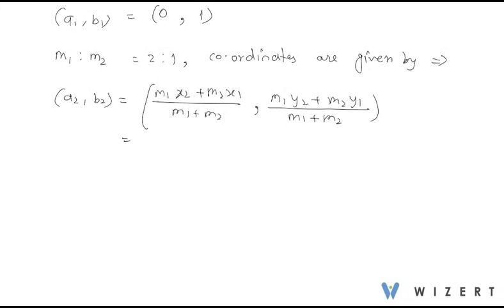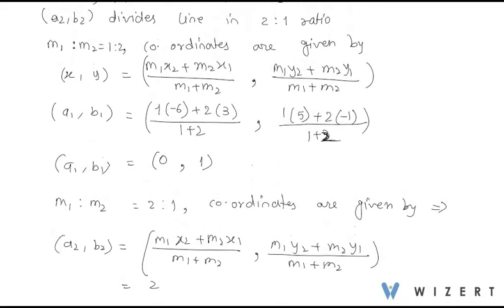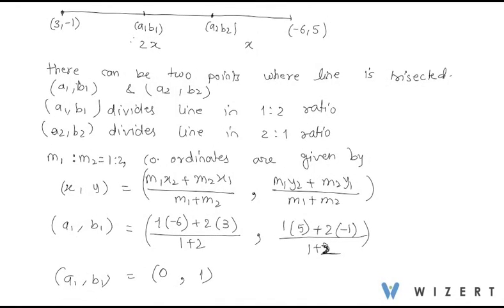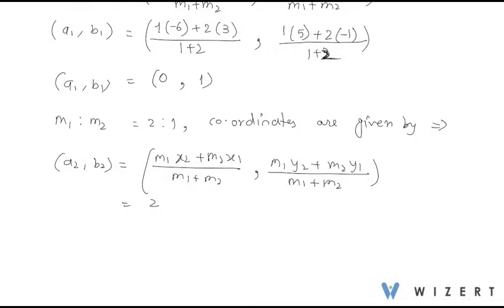Now m1 is 2, x2 is, let's see what is x2, x2 is minus 6 and x1 is 3. 2 into minus 6 plus 1 into 3 divided by 2 plus 1, comma, m1 is 2, y2 is 5 plus 1 into minus 1, y1 is minus 1, divided by 2 plus 1.